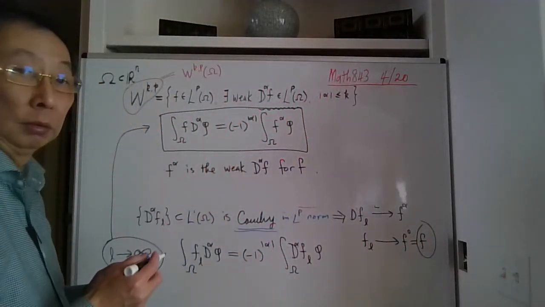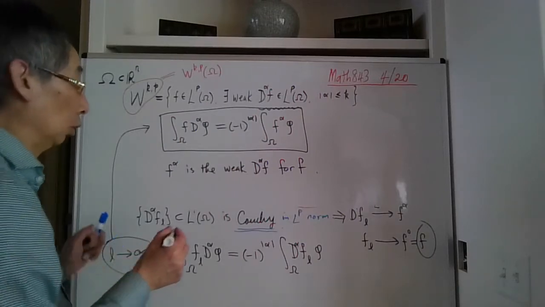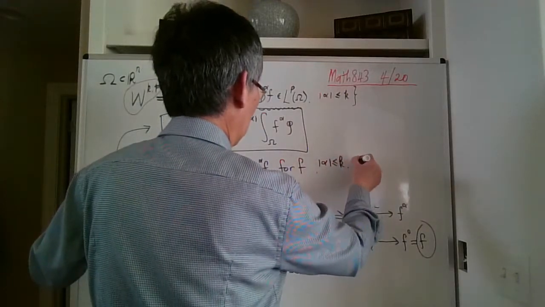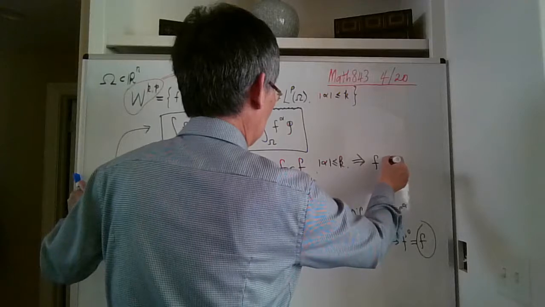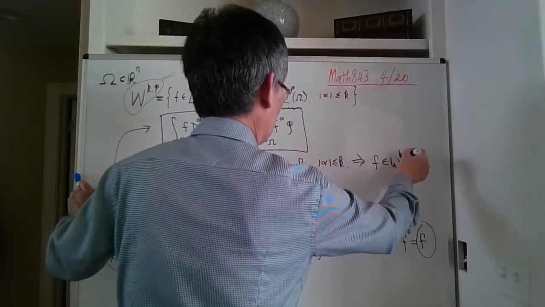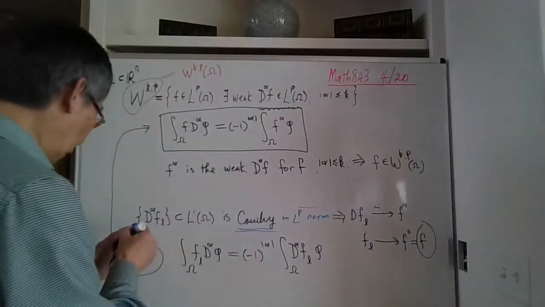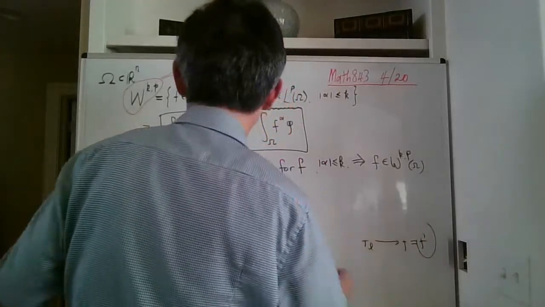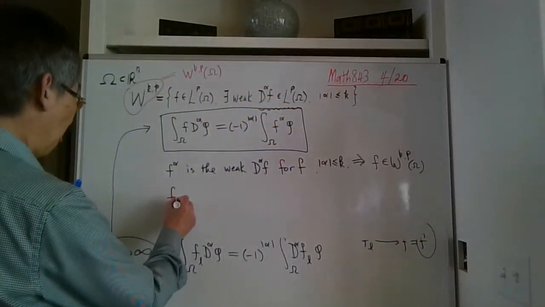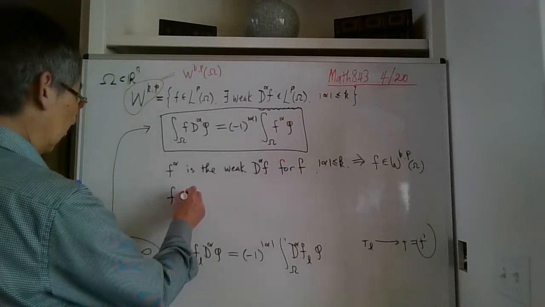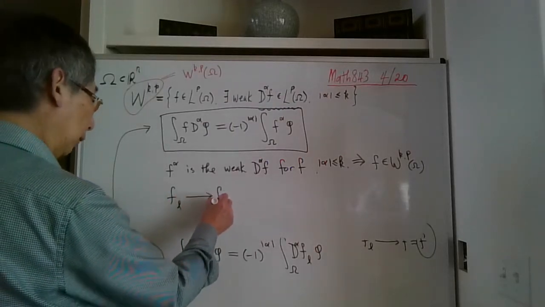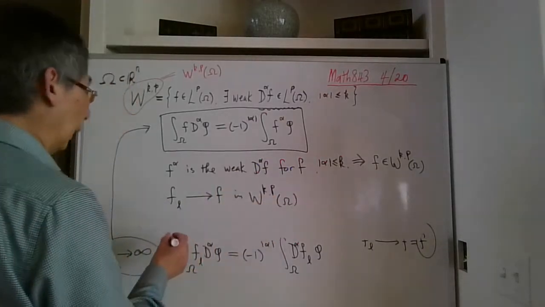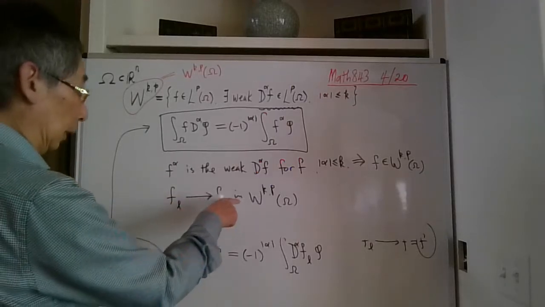This is true for every alpha less than or equal to k. So this means that F is in W^{k,p}. It's not just saying that F belongs to W^{k,p}, but also that our whole sequence F_l converges to F in W^{k,p}. So this Cauchy sequence actually has a limit in W^{k,p}.